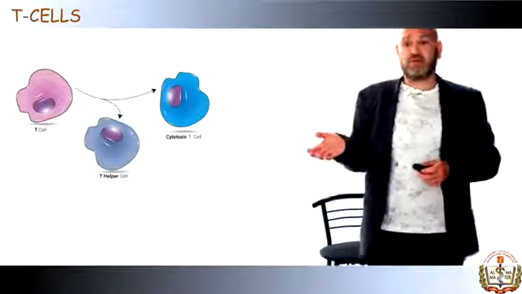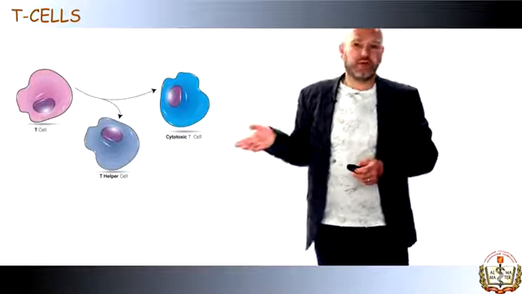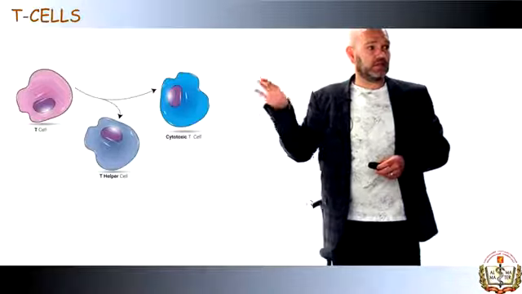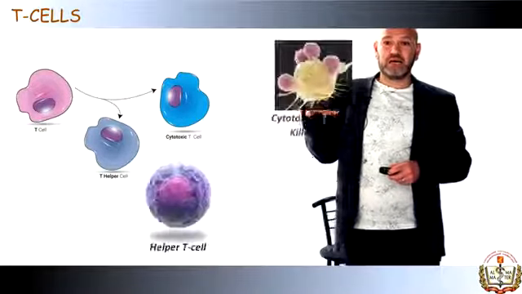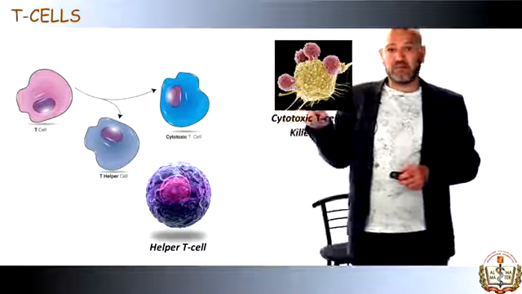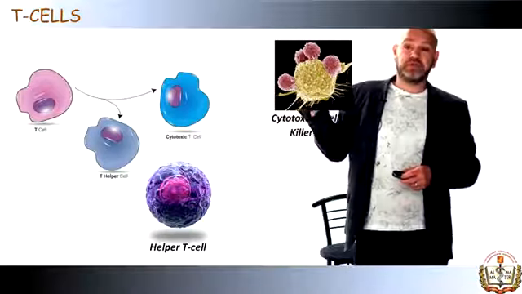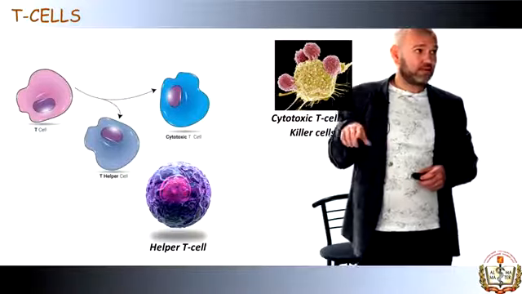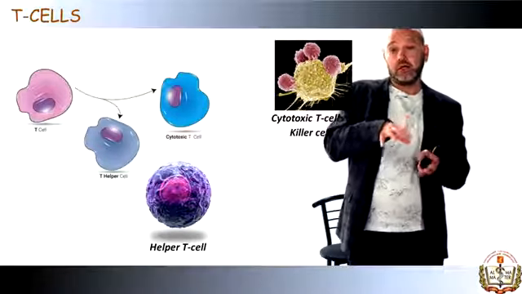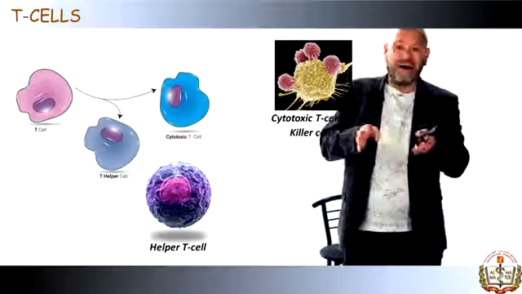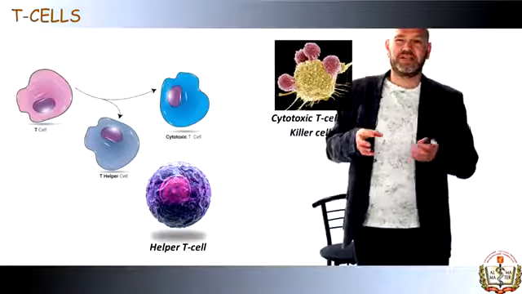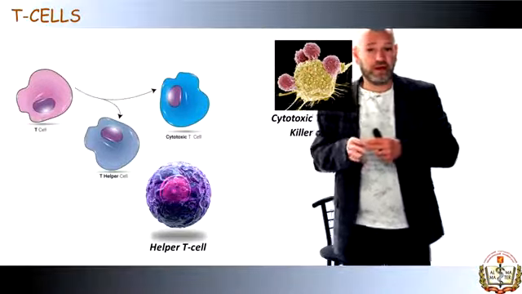Maturation of T cells, as you all know, occurs in the thymus, hence T lymphocytes. T lymphocytes are of two main types. Cytotoxic T cells are similar to natural killers, but, as we already said, they have antigenic specificity. Cytotoxic killers can recognize target foreign cells, fungi or bacteria, for example, or our own cells which are infected with a virus or modified by cancer.